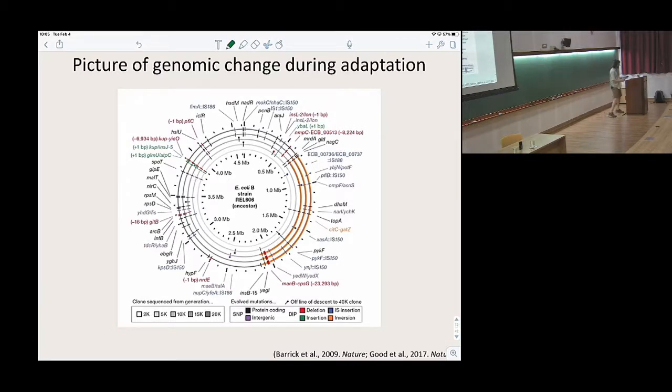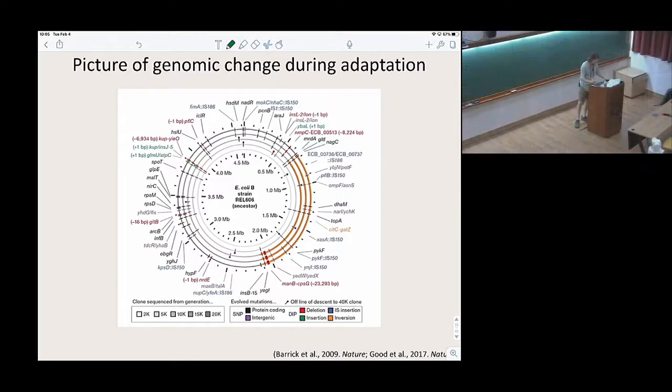But his was with the E. coli lines, and he took the inner line of this little mandala diagram, which was at 2,000 generations, and there were 5 mutations.